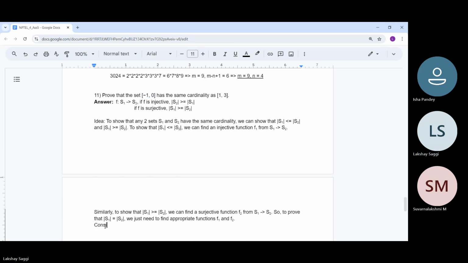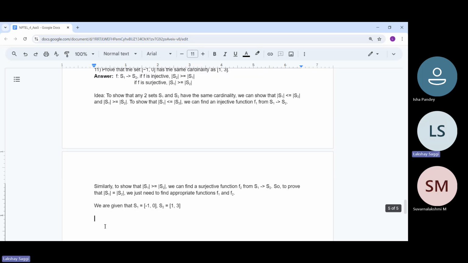So consider, we are given that S1 is equal to -1 to 0 and S2 is equal to 1 to 3, the set of real numbers from 1 to 3.